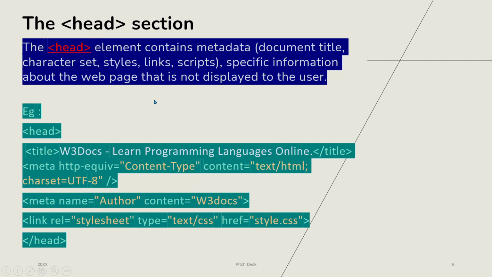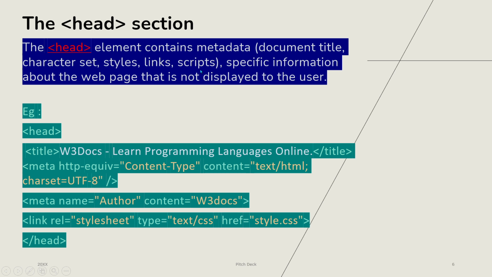Okay, so let's see the first section, the head section. The head element contains metadata. Metadata is nothing but the document title, character set, styles, links, and scripts. Scripts are like JavaScript.